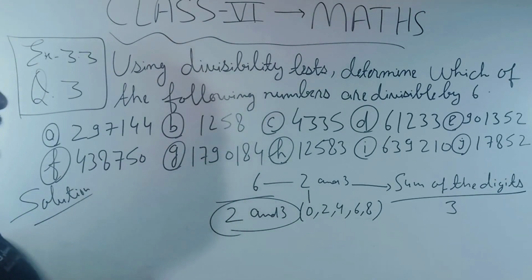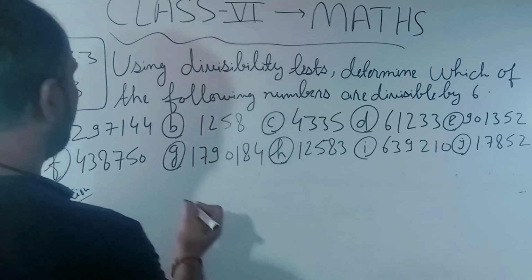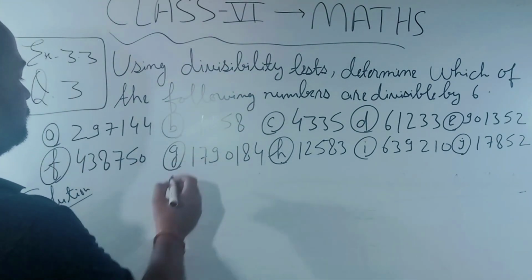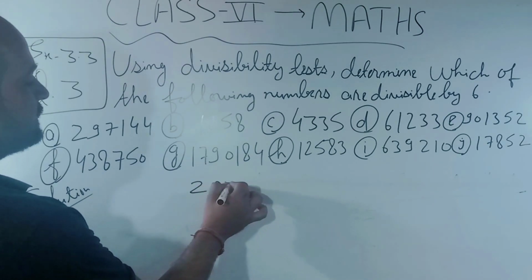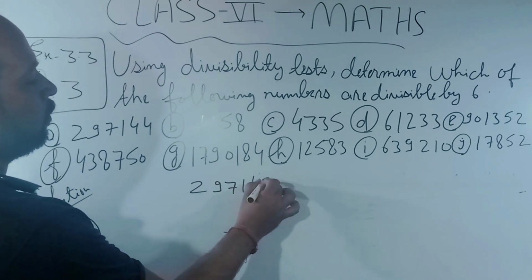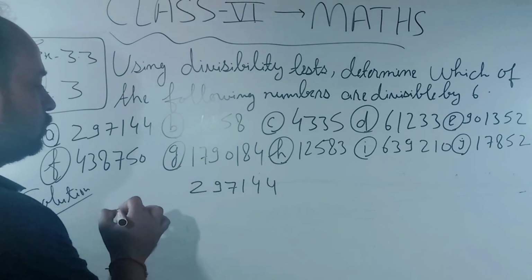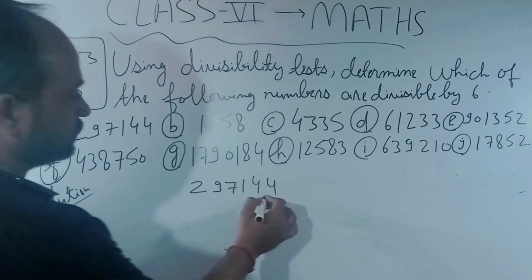Okay, so let's begin. We will take the first number, 297144. We will check by 2 first.